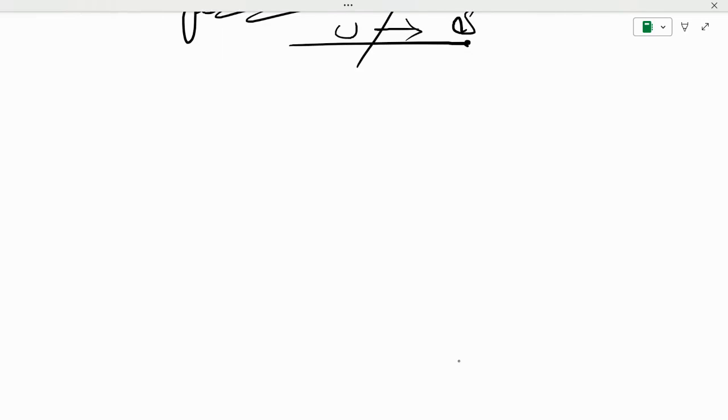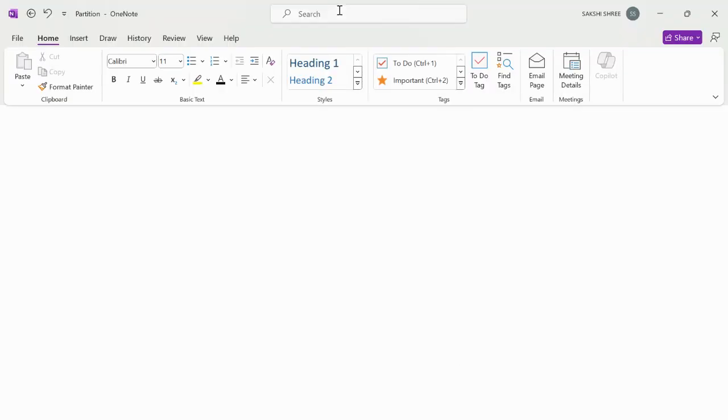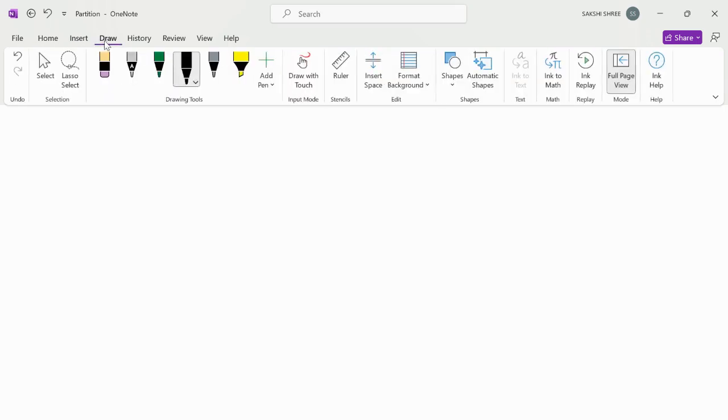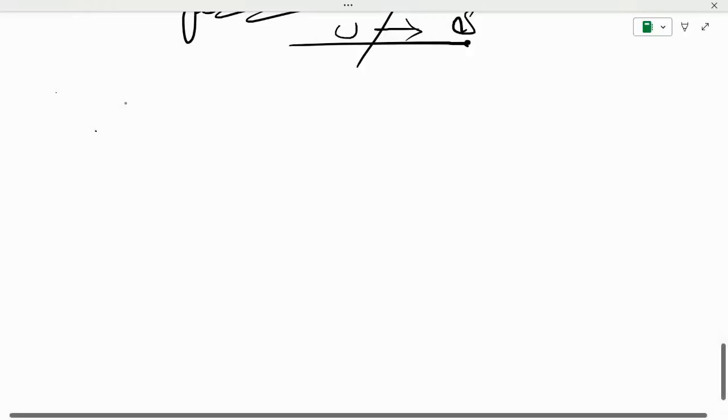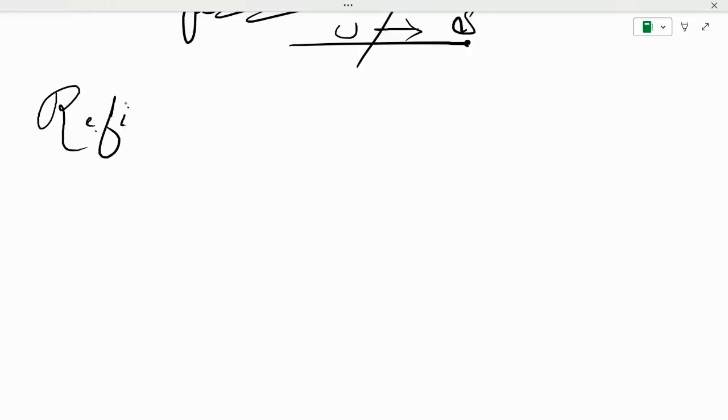Now let's see another related topic with partition, which is called the refinement relation.